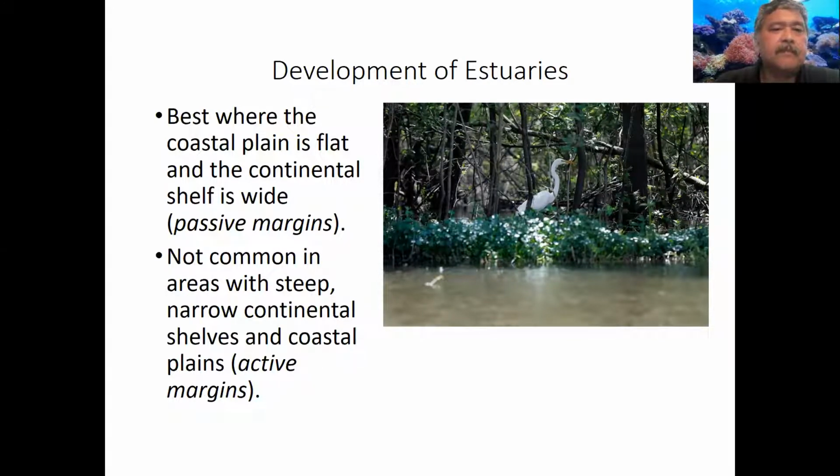So second bullet says not common in areas with steep, narrow continental shelves. So again, those are like I said, the rocky shores between Monterey, California and Santa Barbara, California. Lots of rocky shores. You'll find some tide pools there, and that area off the coast of California is known as a marine protective region, and so a lot of animals have come back there.